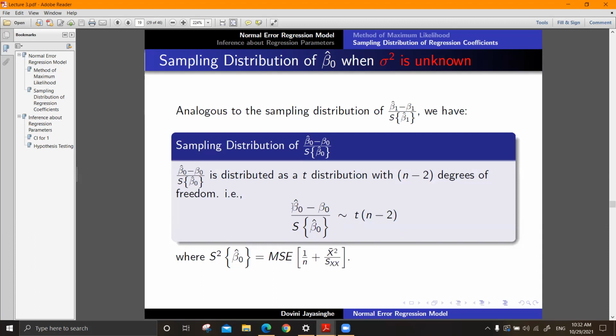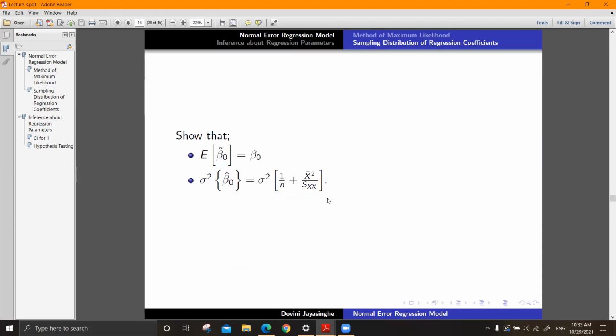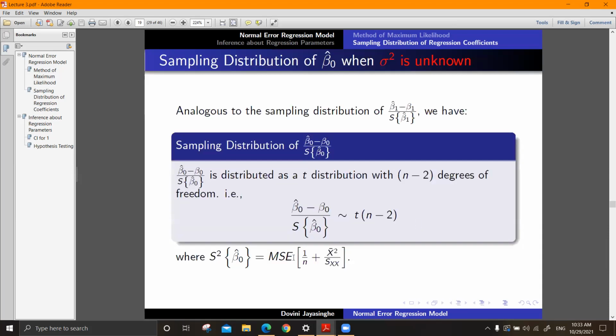So this particular quantity, when you subtract the mean and divide it by the estimated standard error of beta naught hat, is going to be distributed as T with n minus 2 degrees of freedom. Here, this quantity means basically this one. It's easy. Here, on behalf of sigma squared, you have put MSE.